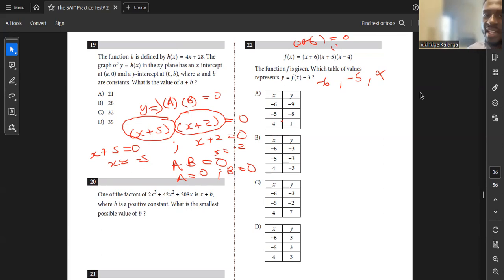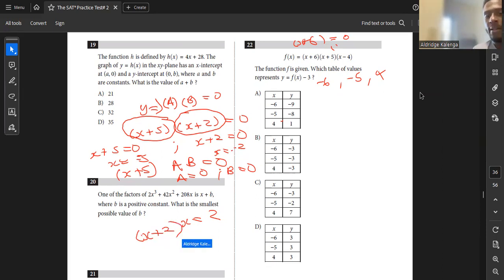Notice something. If your x is -5, it means your factor was x plus 5. If your x is +2, it means your factor must have been x minus 2.